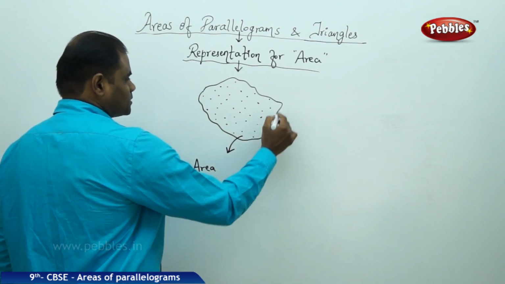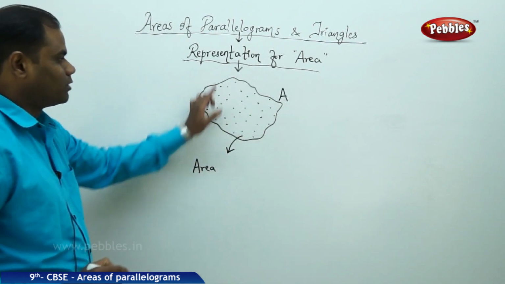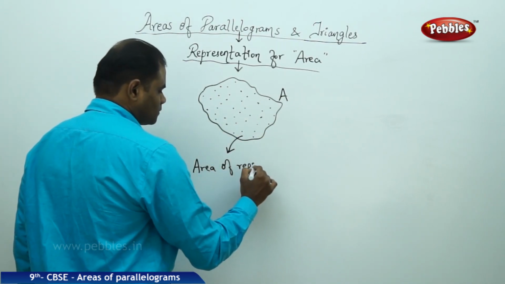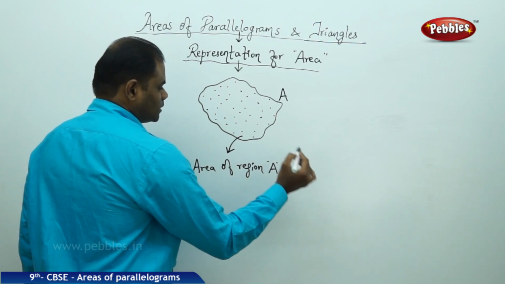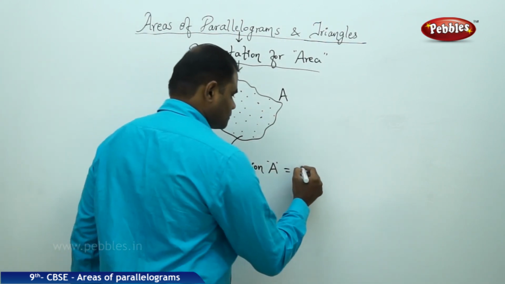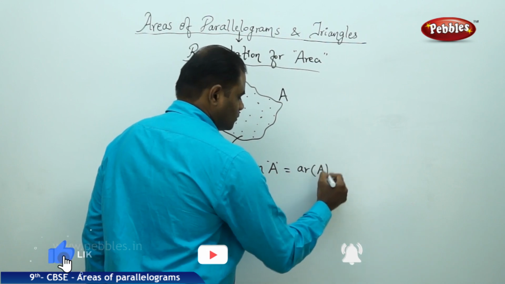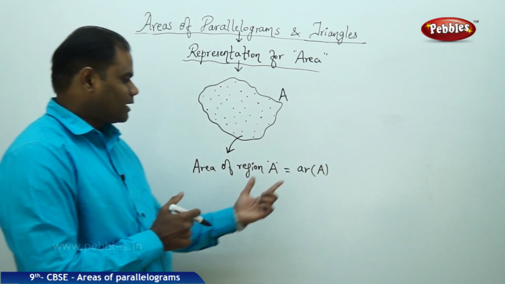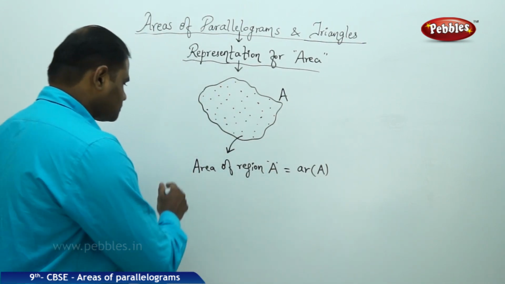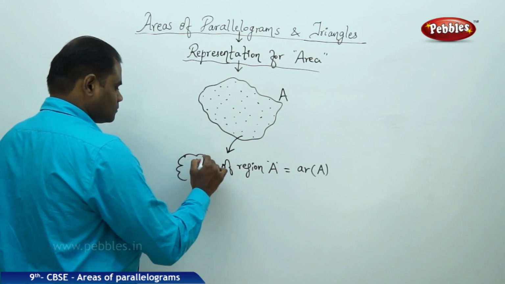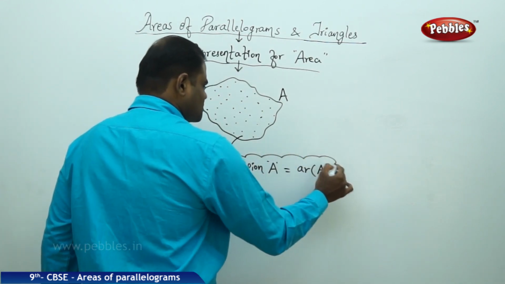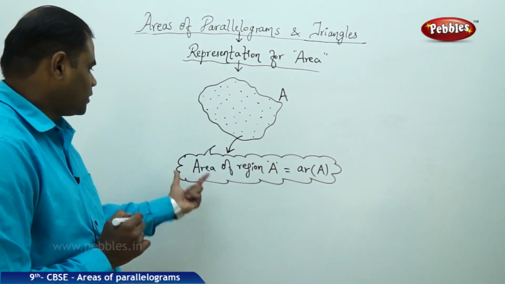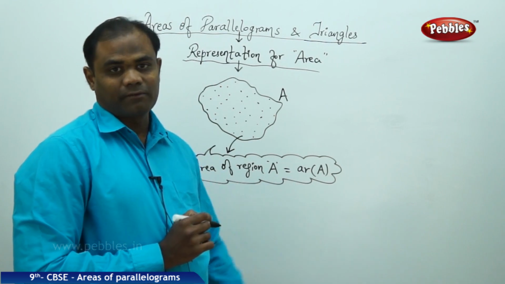If this whole region is represented by A, then the area of region A is denoted by area of A or AR of A. So simply when I write AR of A, that implies it is the symbol or representation for area of A. So area of region A is denoted by AR of A.